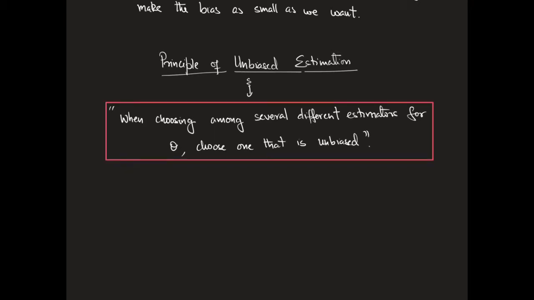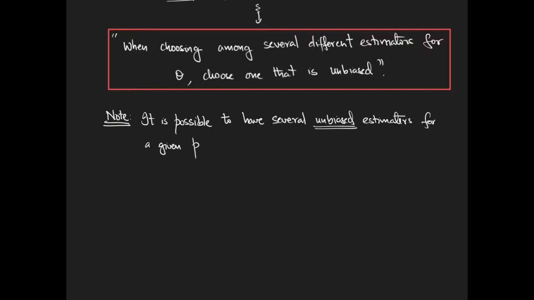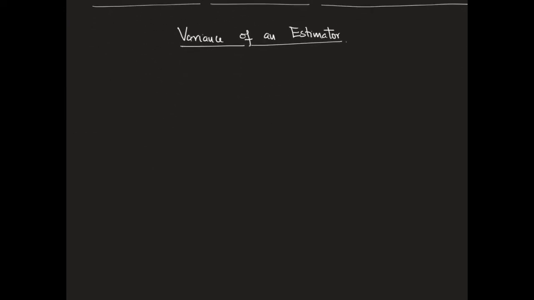While it is desirable to have an unbiased estimator, it's also important to note that it is possible to have several unbiased estimators for a given population parameter theta. So the problem now becomes, how do we choose from among these different unbiased estimators? To answer that question, we are led to describing the variance of an estimator.